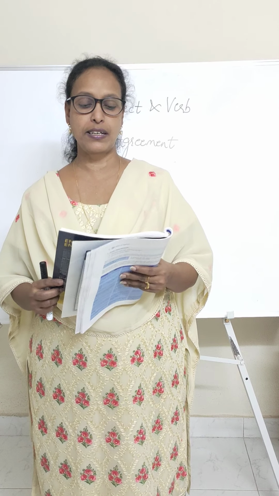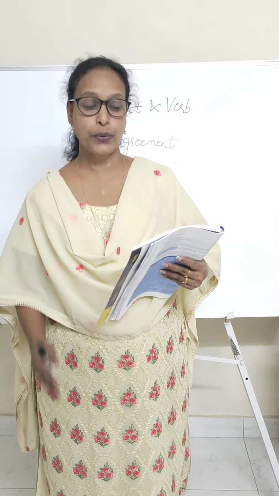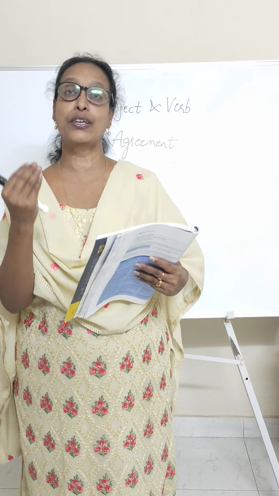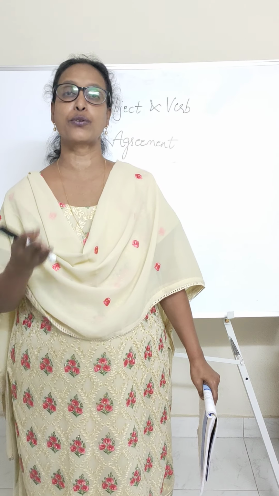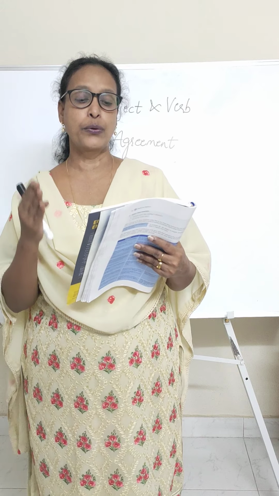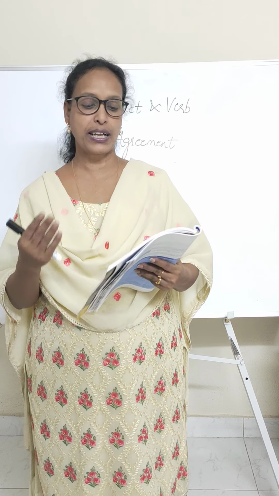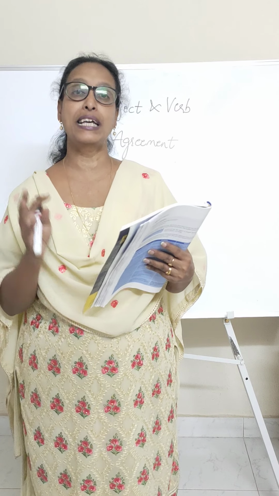So here the example is, "The jury is unanimous in its decision." Here you are considering it to be singular, and so the verb you're using is also singular. If you look at the second sentence, "The jury differ in their opinions."